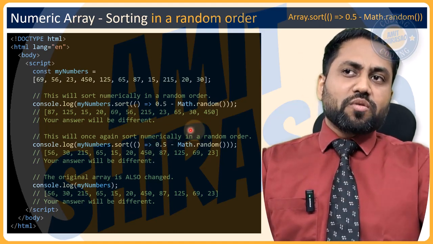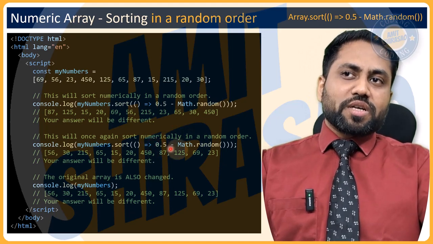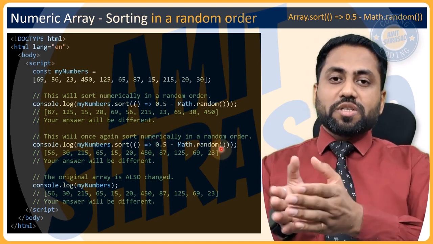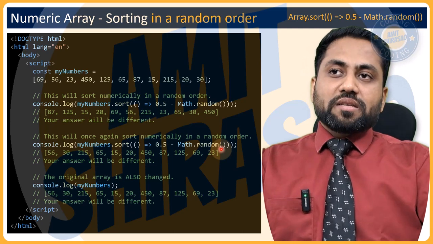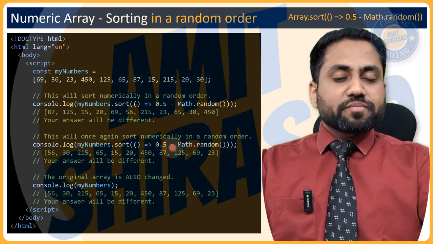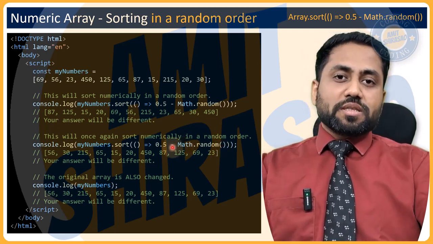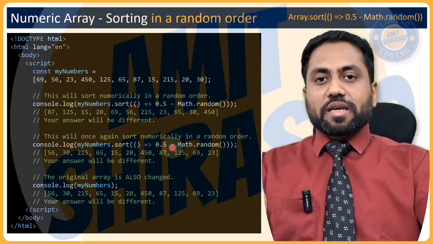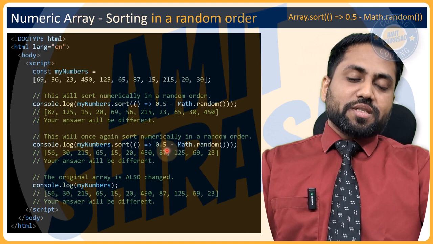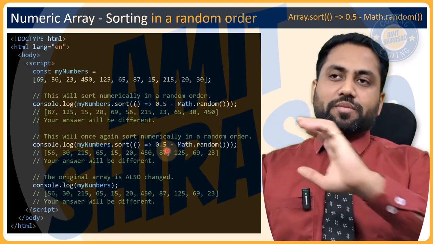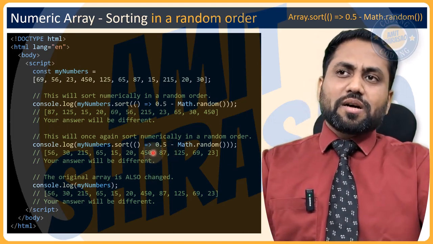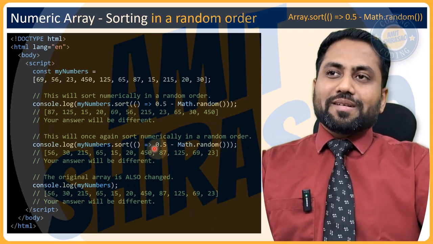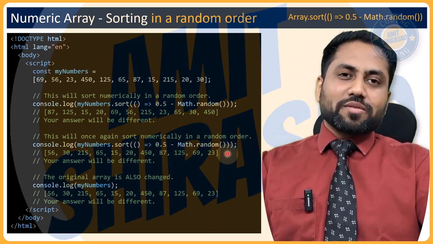So if it gives equal, then this compare function is going to return 0, which means both the numbers are equal. And if it gives a positive number, that means it feels that the first number is bigger than the second, and if it gives a negative number, then it means that the second number is bigger than the first number. Okay, so this is how you can use your logic to do this. This is a very nice interview question.